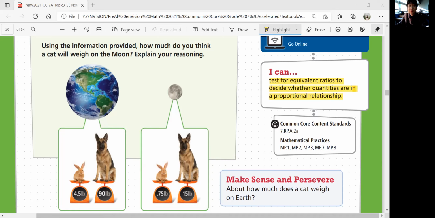Everything's going to weigh less. Rabbits are going to weigh much less, and dogs as well. So looking at these proportions, how would you find the weight of a cat on the moon?